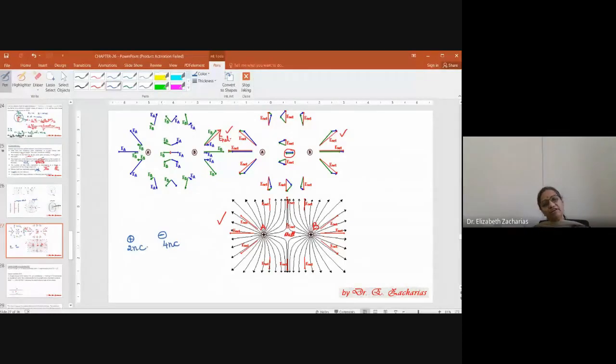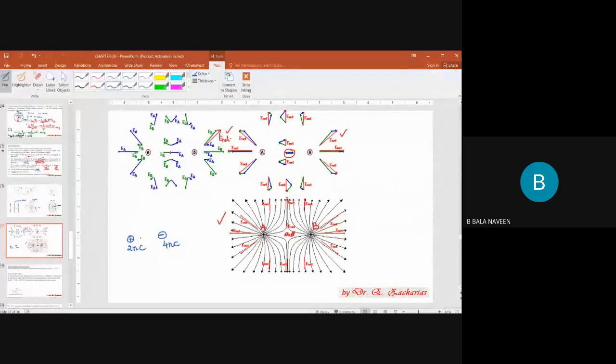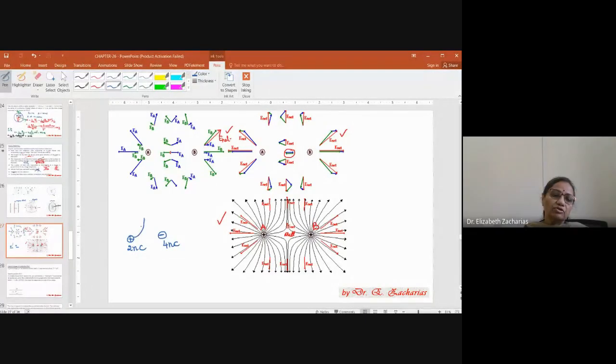How do I draw the field lines for this example? You decide how many lines you want to draw. If I want to draw 4 lines from the 2 nanocoulomb, will it come out or go in? Come out, ma'am. Okay, so they cannot cut here, so they will have to turn like this.